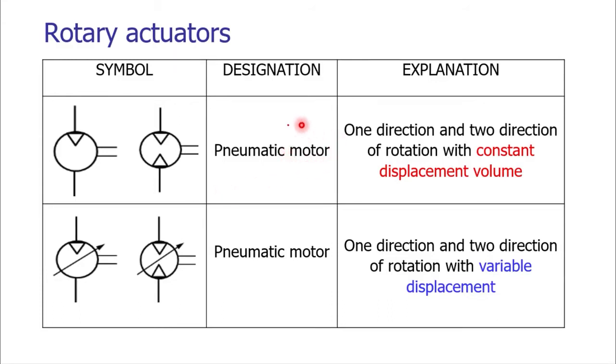By using the pneumatic energy, we are generating the rotary motion. That's why the circle has been provided. When the constant displacement motor is operated, for that purpose we put two parallel lines. When we put an arrow, that will designate the variable displacement.